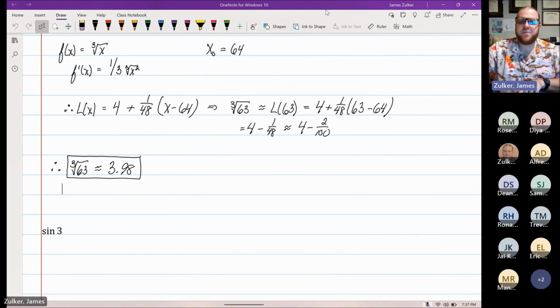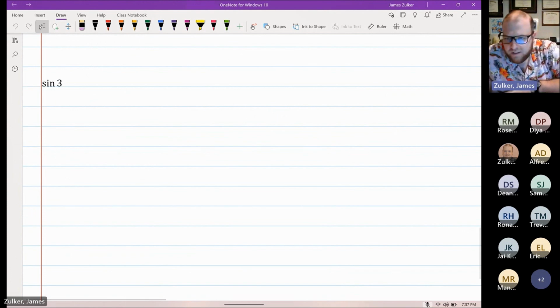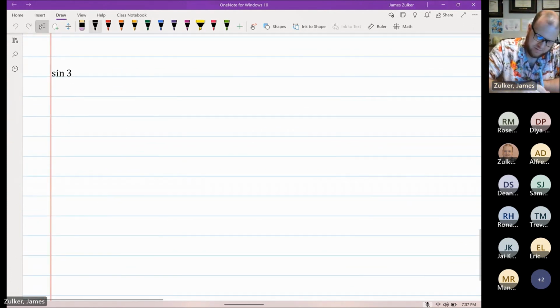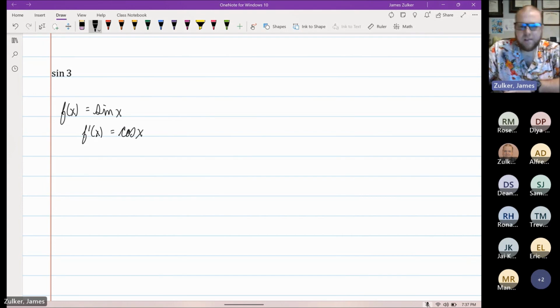Right, let's look at sine of 3. Function we want to use is sine of x. Derivative is obviously then cosine. And we want a value close to 3 that we know the sine of.